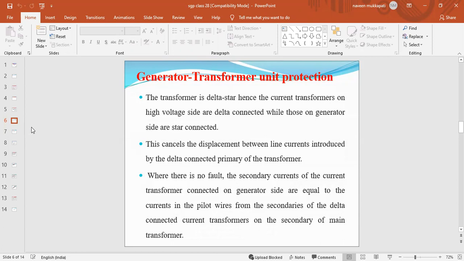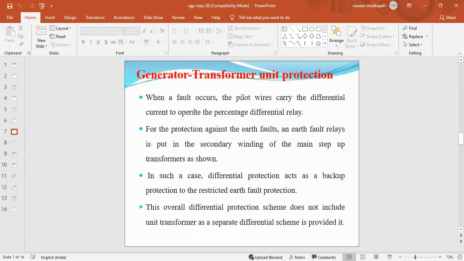Next, when a fault occurs, the pilot wires carry the differential current.